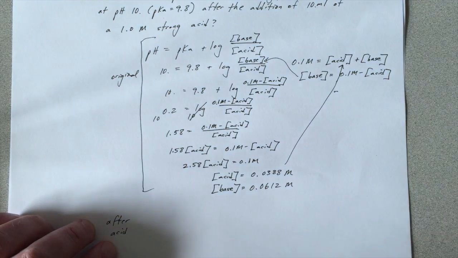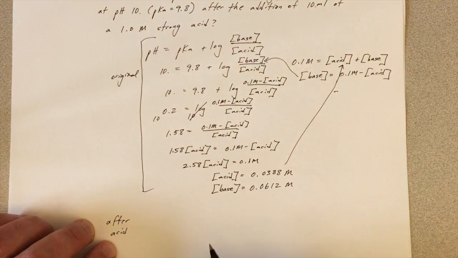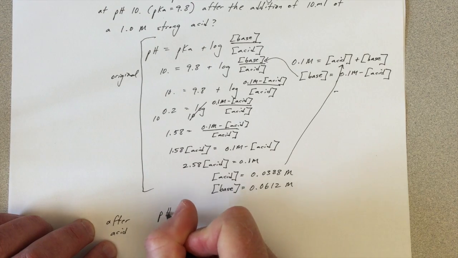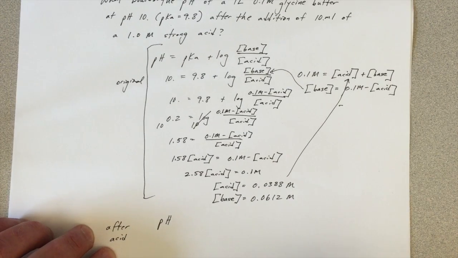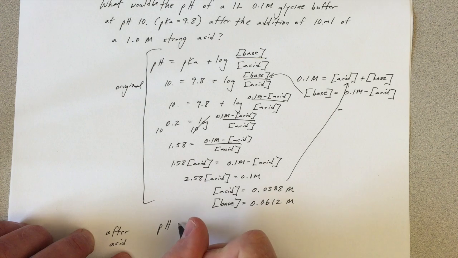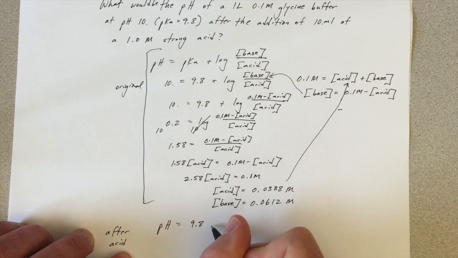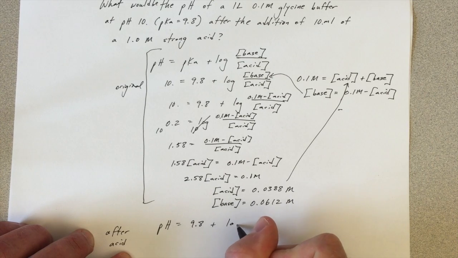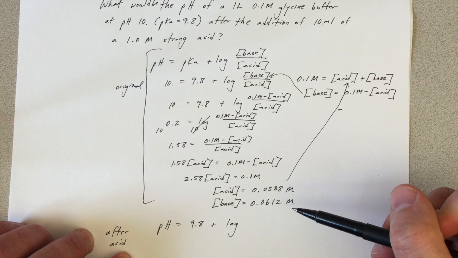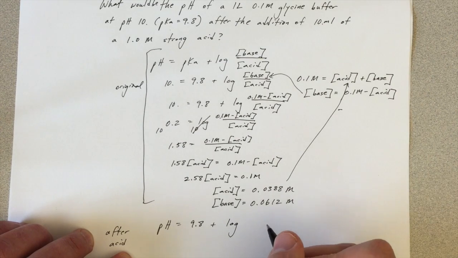Well, in this case, the pH is not known, right? That's really the entire question there. The pKa is still known, it's a constant. I do not know the concentration of base and acid, but I know what they start with, right?